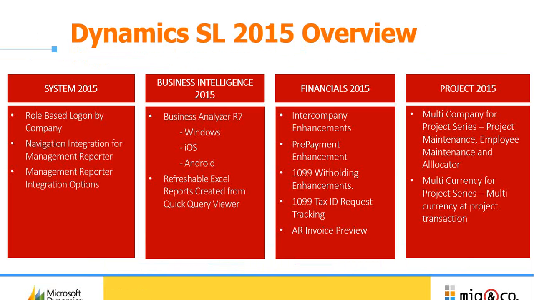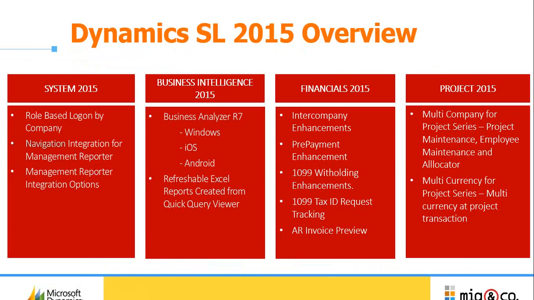Okay, intercompany enhancement: there has been an enhancement in the intercompany function. Prepayment enhancement in Dynamics SL, they've actually enhanced the prepayment. I'm going to go through that. 1099 withholding enhancement and 1099 tax ID request tracking.